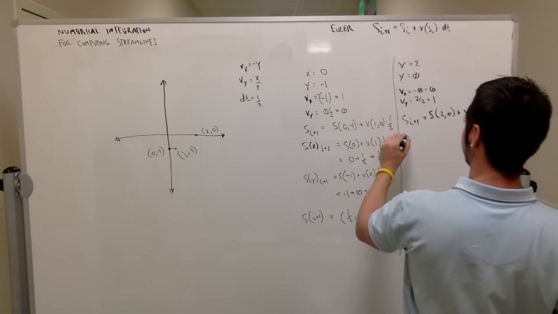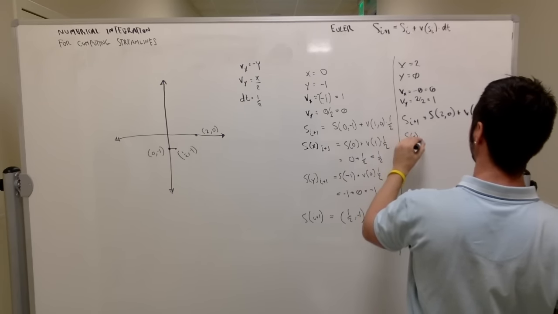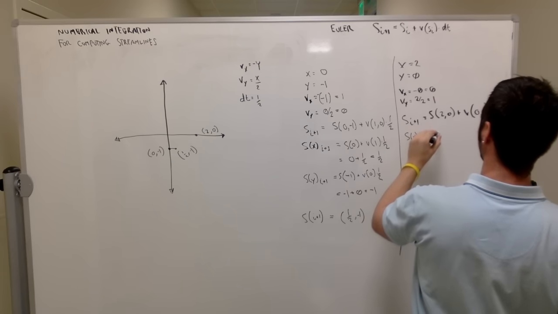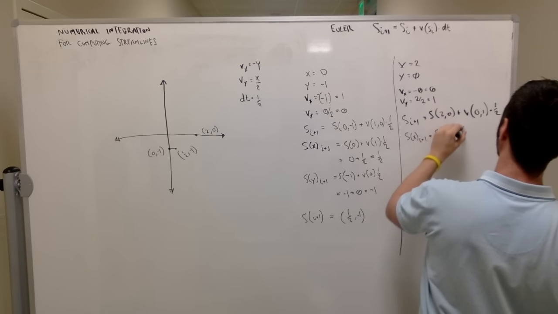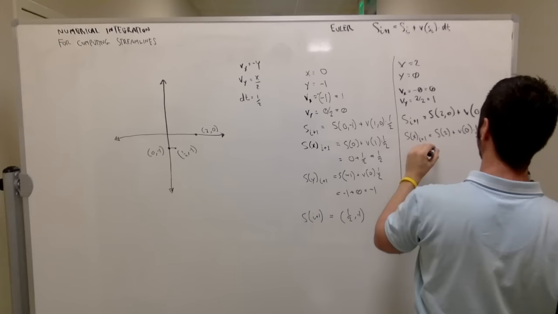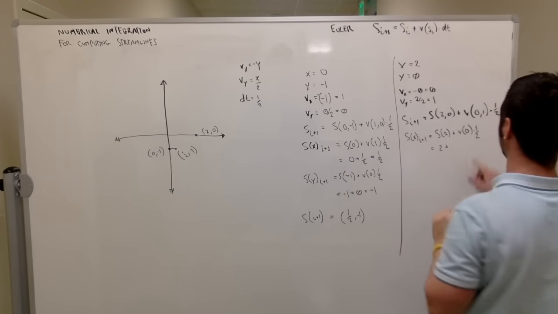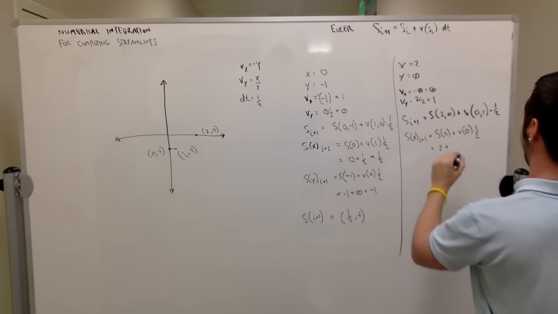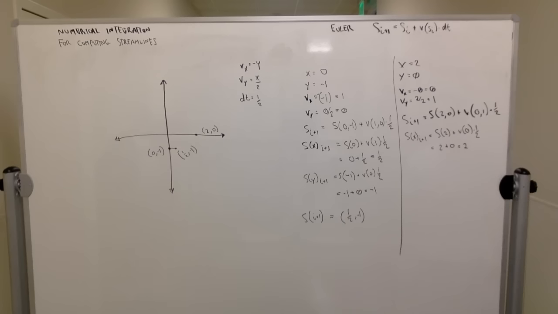So let's look at this. We'll decompose the x and the y components again. So we have S2 plus the velocity times 1/2. That means 2 plus 0 times 1/2, which is 0. So 2 is the answer. The x coordinate of the next point is 2.